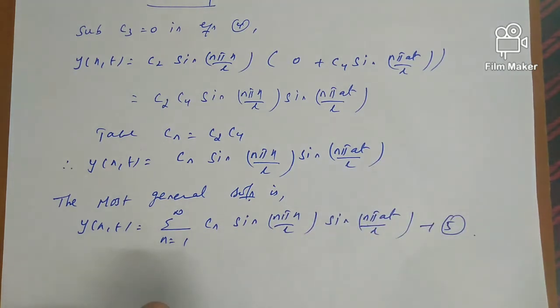So up to this the type 2 problems are similar. Only the last condition, that is applying the fourth boundary condition, differs from problem to problem under type 2.